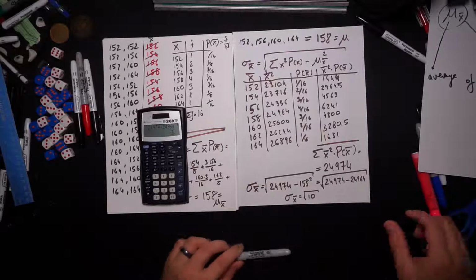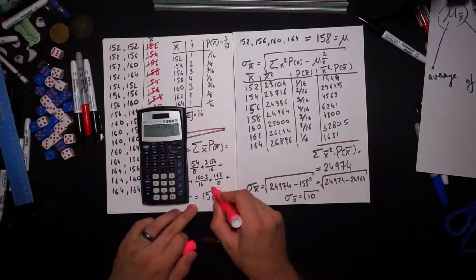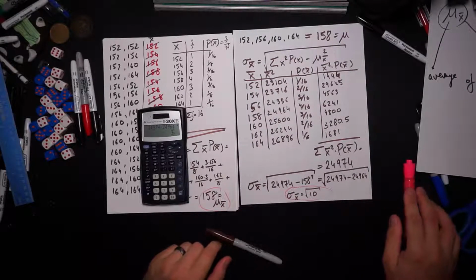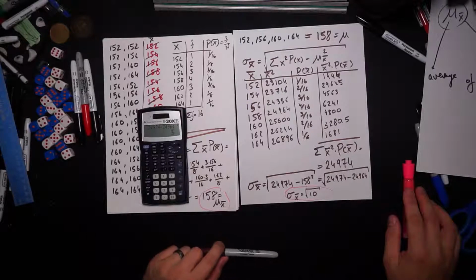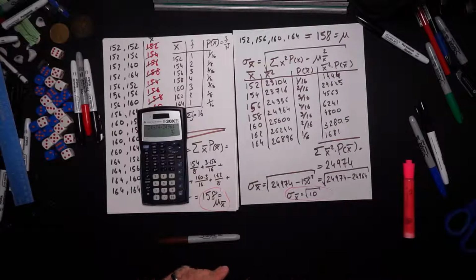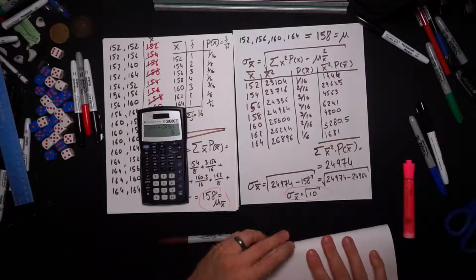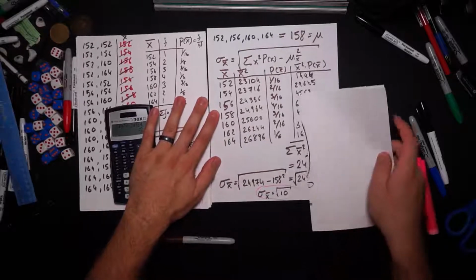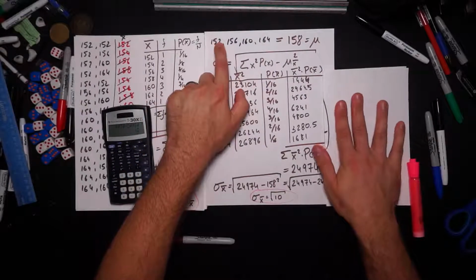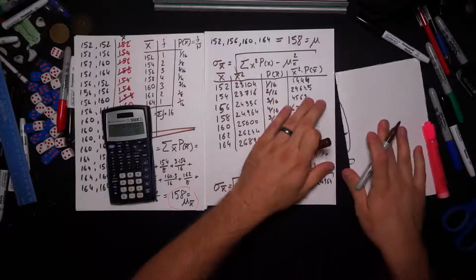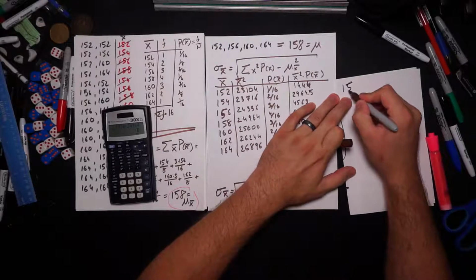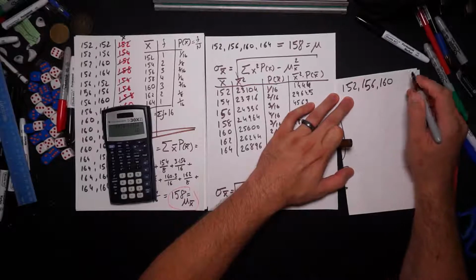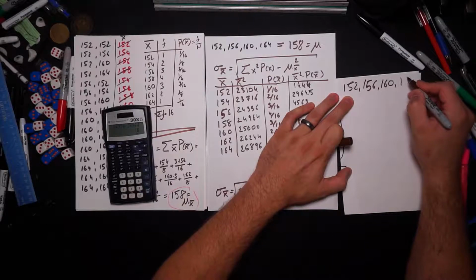All right, well, this is what I got. So here's my mean, here's my standard deviation. All right, well, if we were to calculate this, let's use those numbers: 152, 156, 160, and 164.